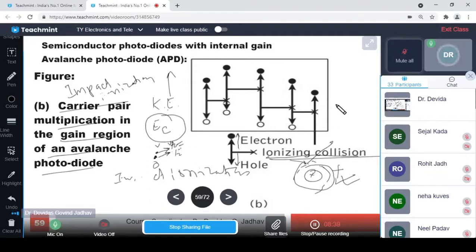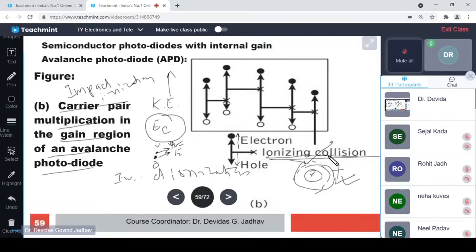Okay, so we have seen the APD construction. There are two regions, the depletion region and the intrinsic region, which covers all the absorption region, and the depletion region across the junction has a very high electric field, and the intrinsic region also has a sufficiently high electric field.